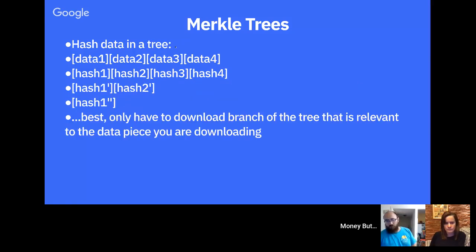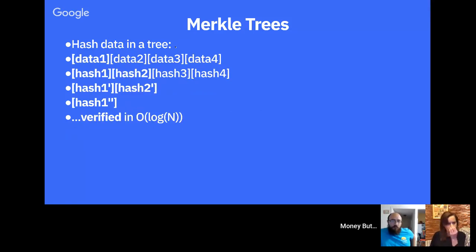But there's actually a really good way to do it that scales ideally, which is you put the hashes in a tree. And now what you can do is if you want to download only a piece of the data, you can download what's called the branch of the Merkle tree that's relevant to you. And I now only have to download some of the hashes and only the piece of data that I'm interested in. And this actually scales much, much better.